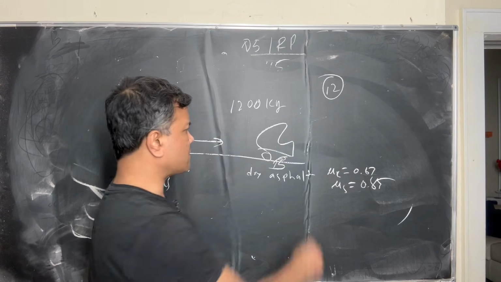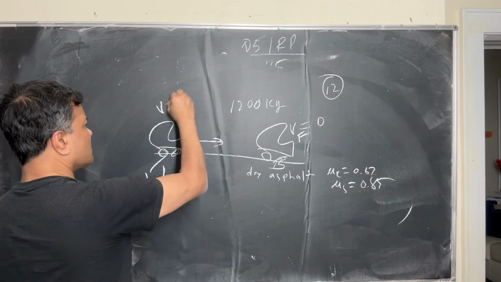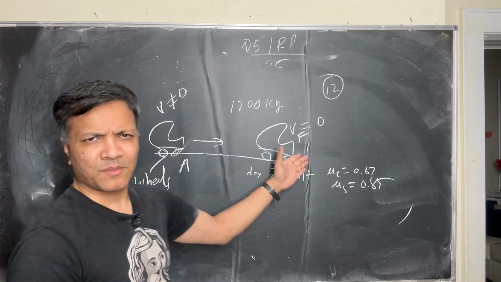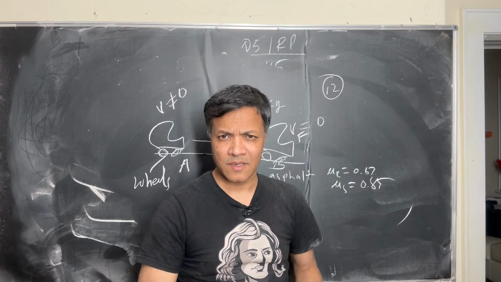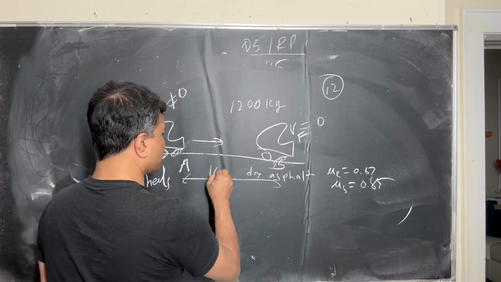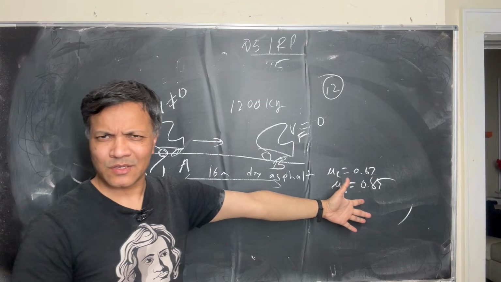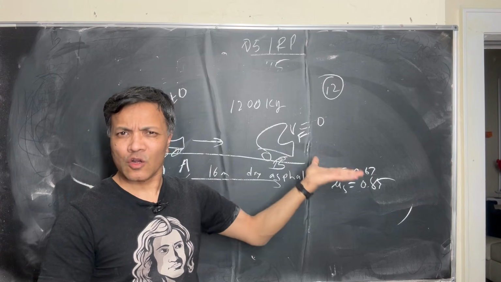It stops right here with final velocity zero, and initial velocity was not zero. After hitting the brake, the velocity eventually at location B gets to zero. And the distance from A to B is 16 meters. We don't need that.